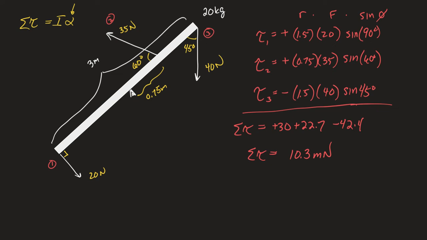I'm gonna stop right here and say I calculated the net torque. I got 10.3 meter newtons. I found 3 individual torques. Torque number 1, which is located at the end of the rod, is a distance 1.5 away from the pivot point. It's a force of 20 newtons, sine of 90 degrees.